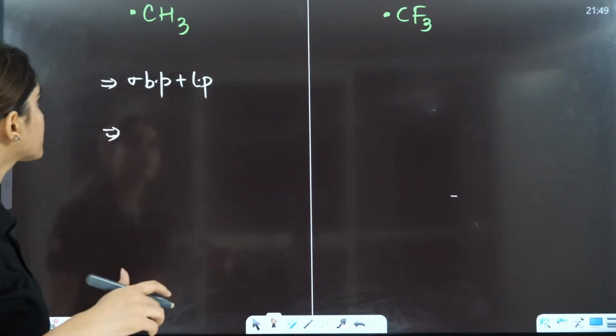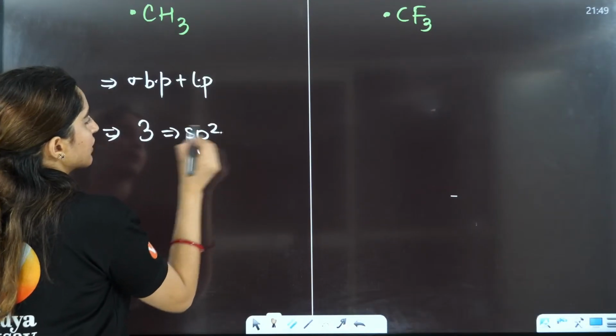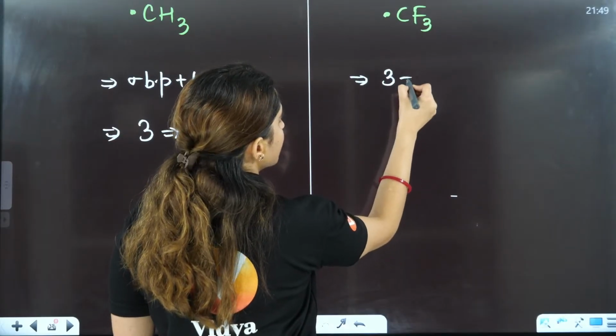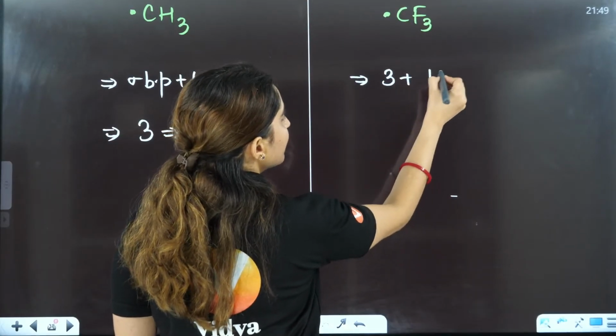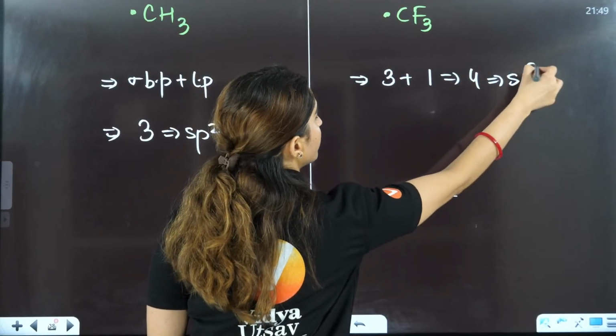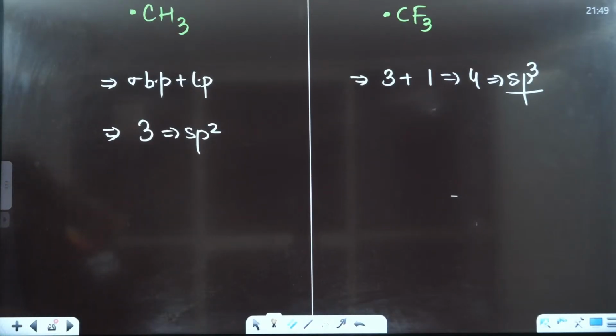So that's why it will be 3 only, and it will be sp2. But here, you will consider the free radical as a lone pair, and it will be sp3. Yes, everybody? Got it?